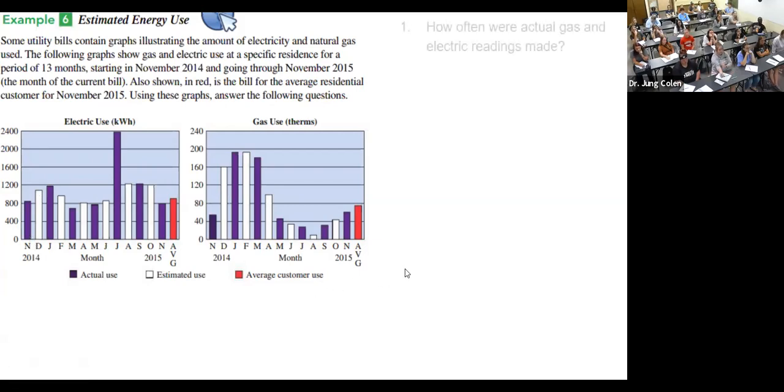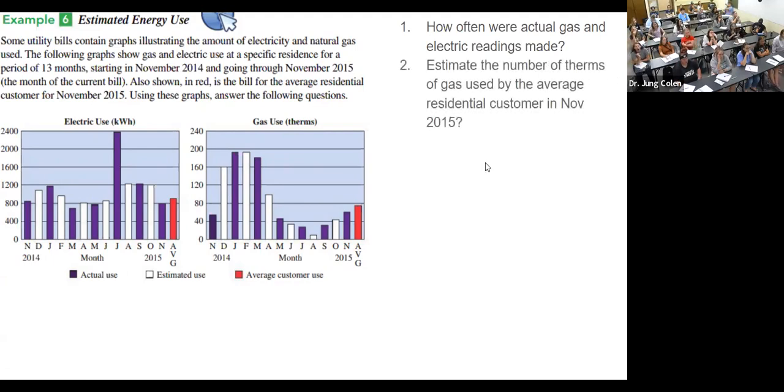Okay, so my first question: how often were actual gas and electric readings made? This is gas use, that's electric use. Both of them, you can see actual, estimate, actual, estimate, and so on. So how often? Every other month, every 2 months.